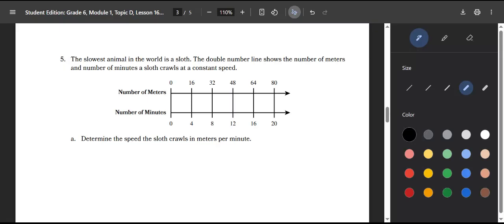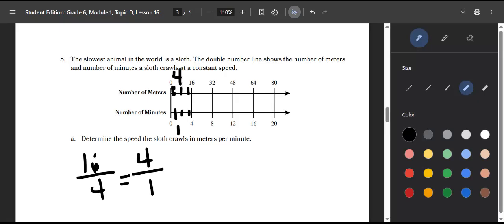All right, so if I want to get the number of minutes down to 1, all I need to do is take the 16 and divide it by 4, and that gives me 4 meters in 1 minute. So I can put a 1 here and a 4 here.